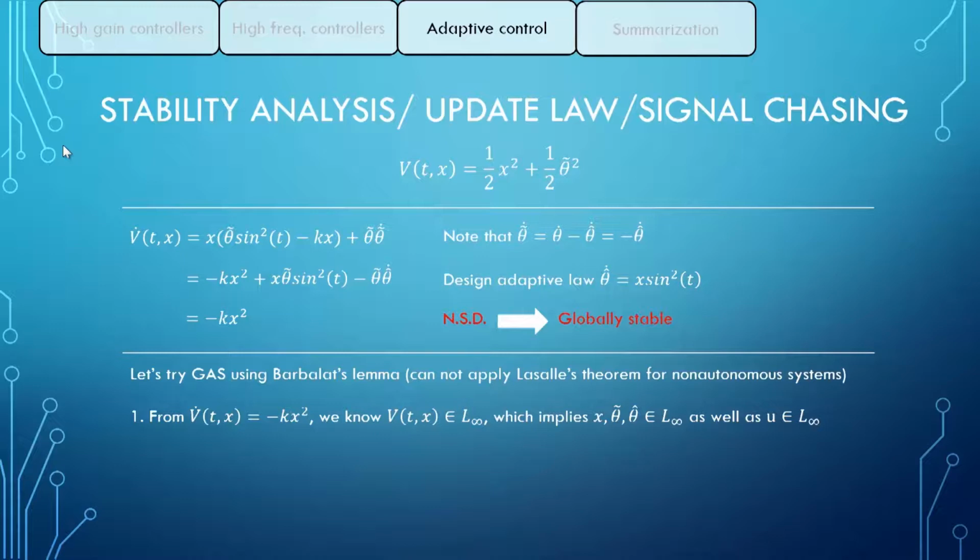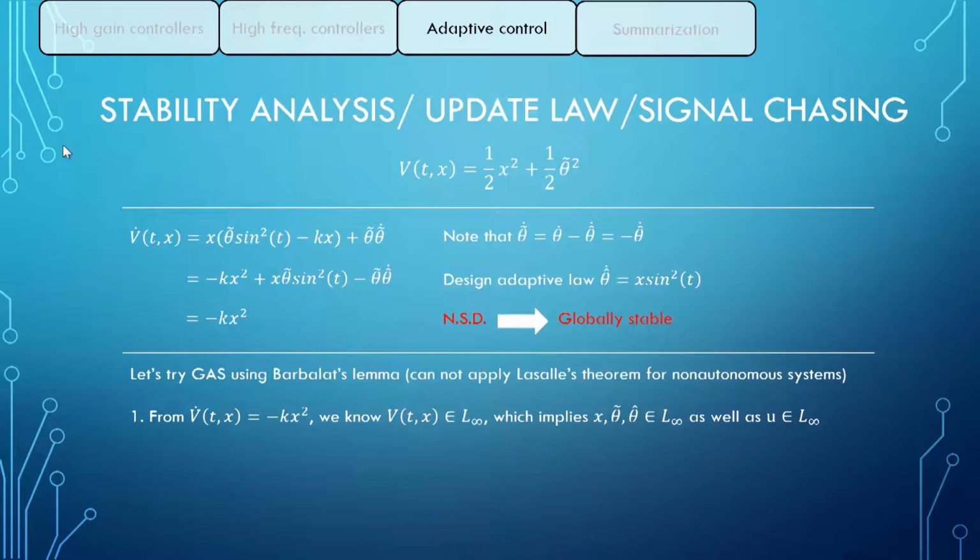Okay, so if v is bounded, that helps a lot. v is bounded means what? x and theta tilde will be bounded because it's a PD function. Now we want to go backwards from v, using v to investigate the properties of x and theta tilde.